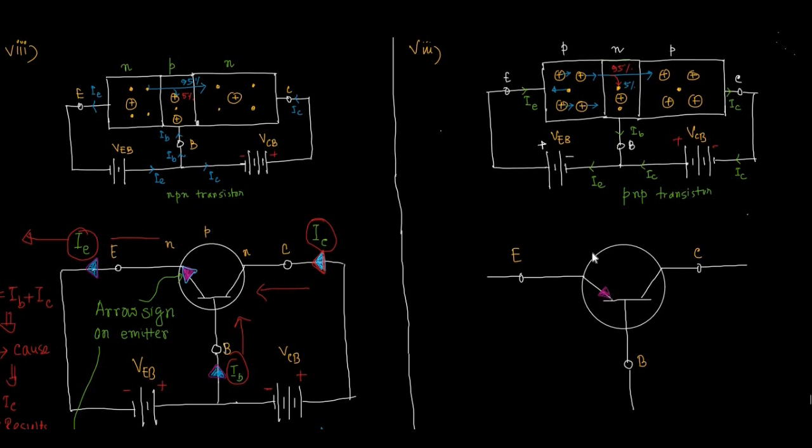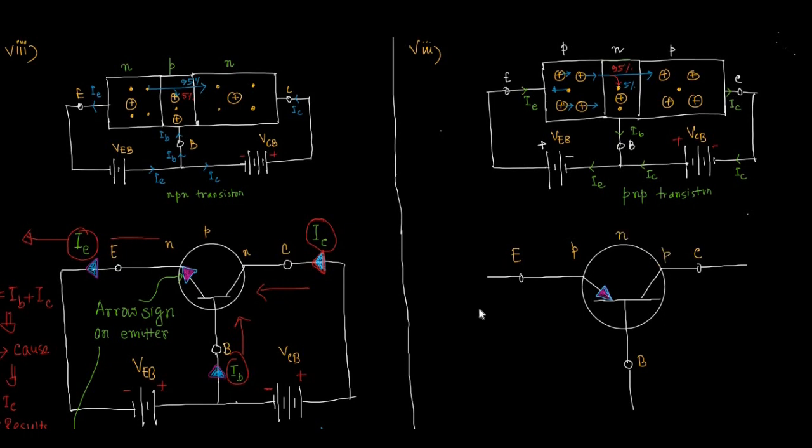This arrow sign is moving into the transistor for PNP transistor, but for NPN transistor, that arrow on the emitter is moving away from the transistor.